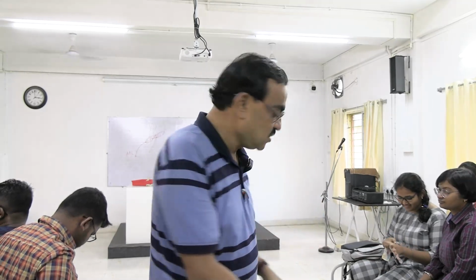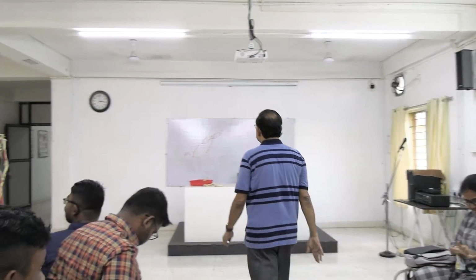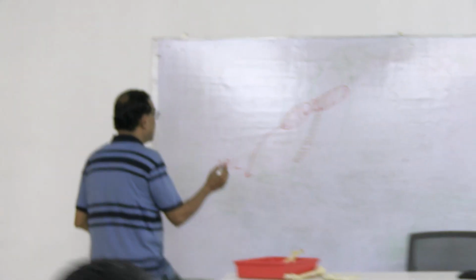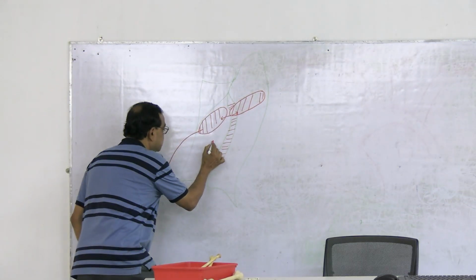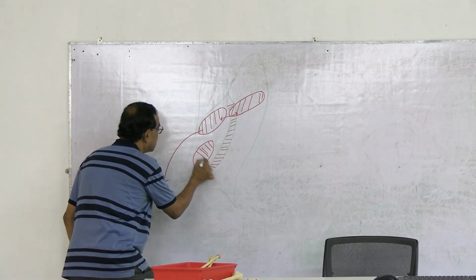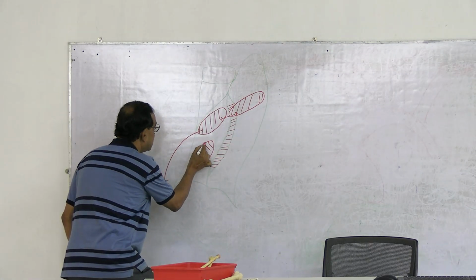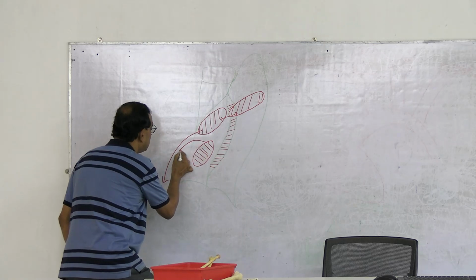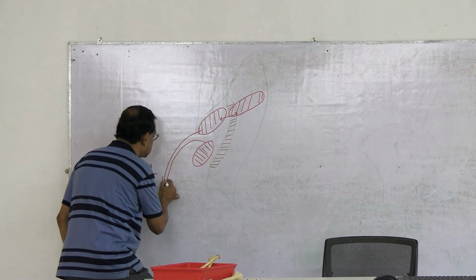So this is abductor pollicis longus, and from here another muscle will take origin, and the tendon will move hand in hand with this muscle.